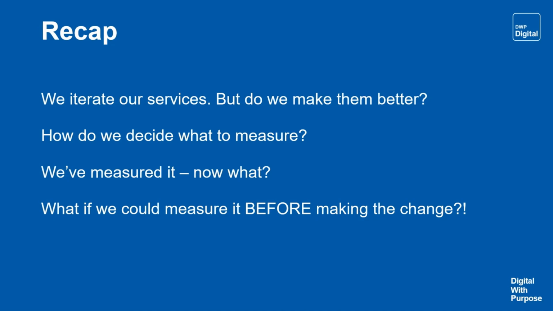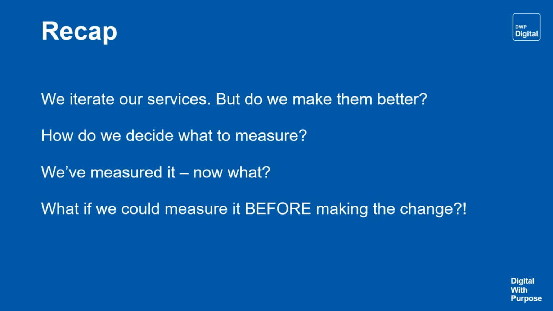To do a quick recap, we talked about how we iterate our services, but we need to know if we're making them better. We need to decide what we want to measure, not just on whether the data is easy to get, but whether it actually meets the goals and the reasons that our service exists. When we've measured it, we need to be able to make decisions with that data and with the things that we're getting out of our analysis.